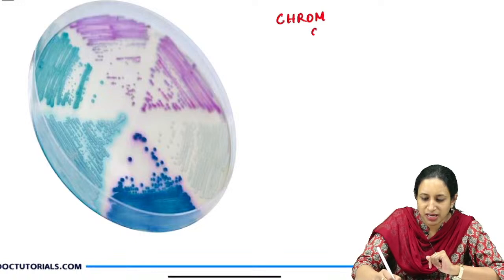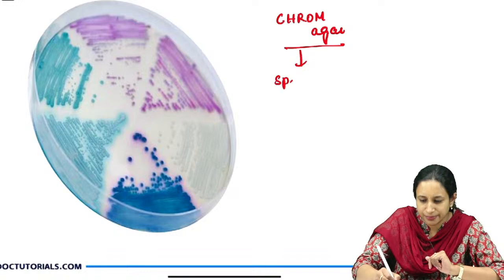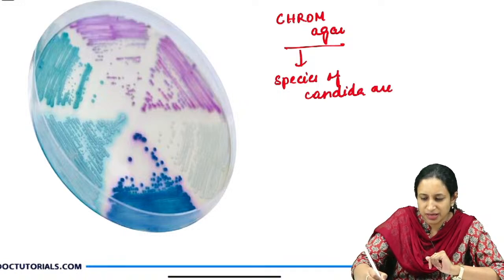Now, chrome agar is used for identifying species of Candida. So species of Candida are identified by chrome agar.